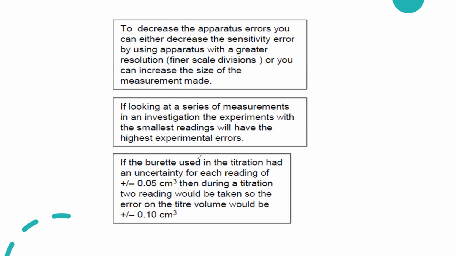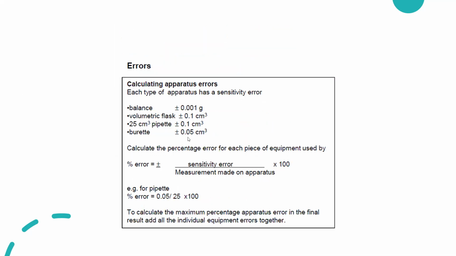And if a burette is used in the titration, the uncertainty of each reading is 0.05. So the total uncertainty will be 0.1, because when we are reading a burette, we are reading a scale twice and then calculating the difference in volume. Even though this is written 0.05, it will be twice, because we have to read the initial volume, we have to read the final volume, and then take the difference.